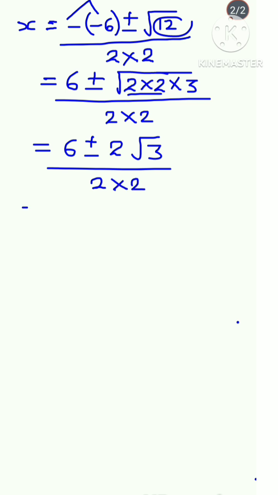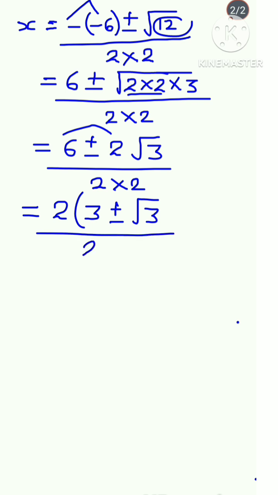Again from here 2 is common, so here remains 2 into 3 is 6 plus minus, and here remains 1, no need to write, root over 3 by 2 into 2.